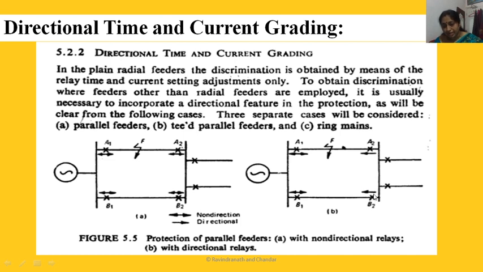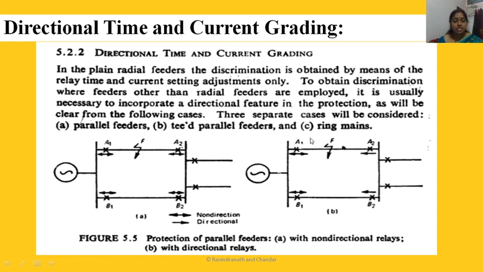The tripping direction is this, the fault current direction is like this, so it is opposite. So this relay will not sense that fault, or this relay will not operate. So for the fault at F, A1 and A2 will operate, while B2, at the far end, will not operate. So definitely the healthy section will get protected and the faulty section will get disconnected.